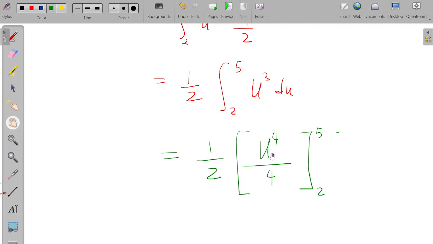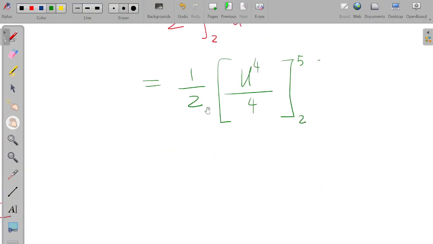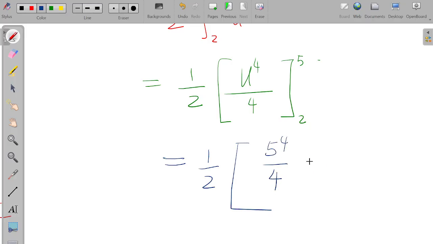If you change u into t, then you are very wrong, because now the limit is no more t. The limit is u. So leave it the way it is and just put your value there. So when I put 5 there, this half will be out. So I put 5 there to be 5 raised to the power 4 over 4 minus 2 raised to the power 4 over 4.